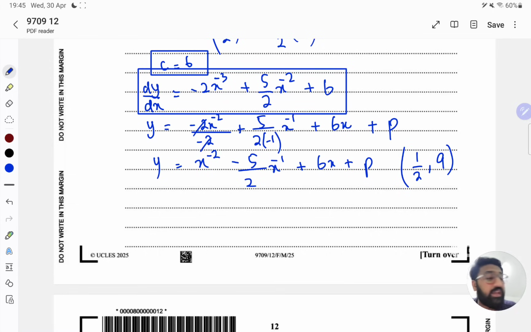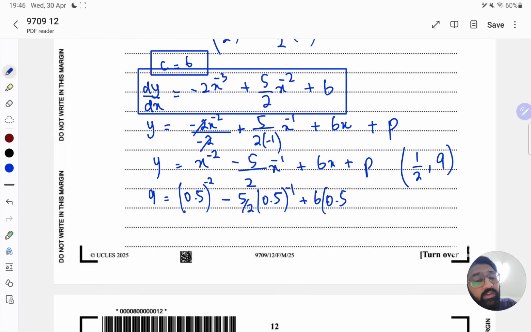So we substitute 9 for y and 0.5 for x: 9 = 0.5^-2 - 2.5 into 0.5^-1 + 6 into 0.5 + p.